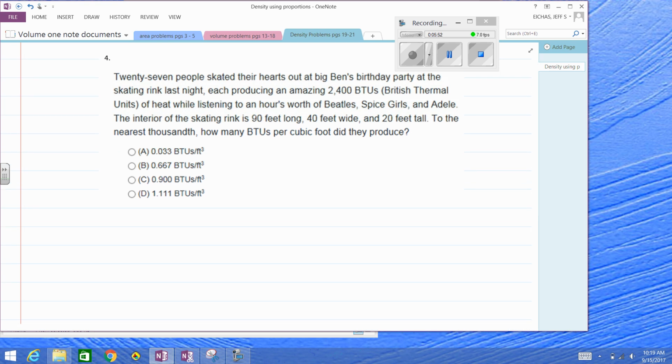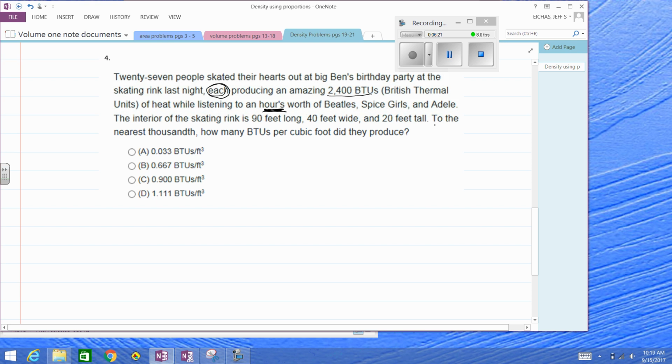So what we have is 27 people skated in a skating rink, each producing 2,400 BTUs. Now that makes a big difference. While listening to an hour, maybe there's more to it. It didn't say how long they were there for. So what they do give us is the skating rink, approximately, I'm sure, is a rectangular prism.